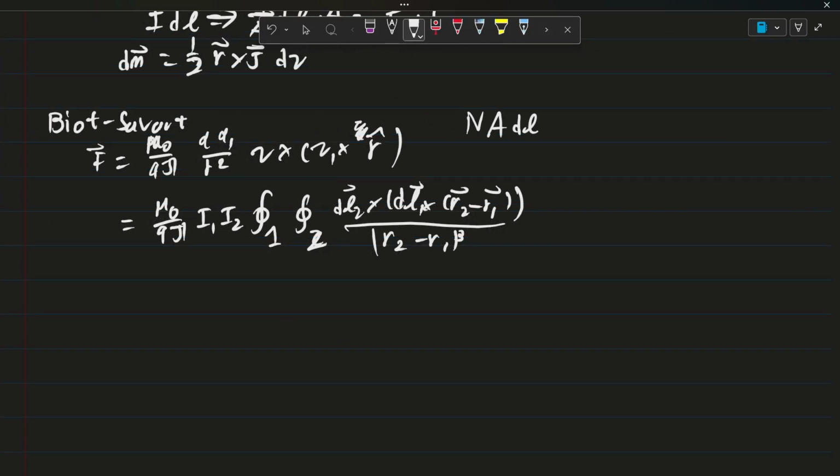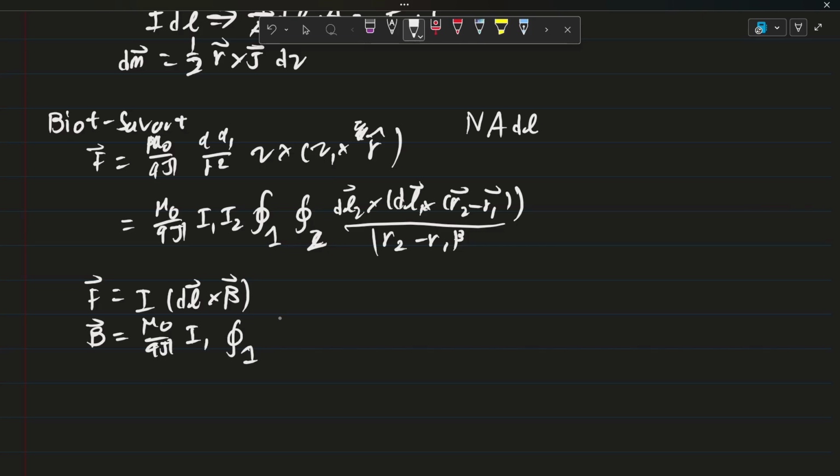And because we also know that the magnetic force can be written as I dl vector cross b vector, we can just group the integral above to obtain the b vector, which is mu 0 over 4 pi I1 times the closed integral of the first loop of dl1 vector cross r vector minus r1 vector divided by r vector minus r1 magnitude cubed.